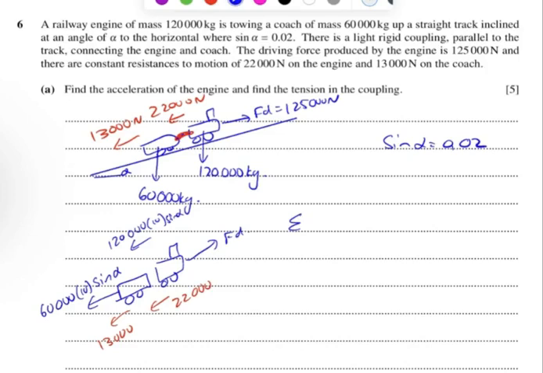So the sum of my forces is mass times acceleration. Because I'm looking at the total system, I've got to look at the total mass. My sine alpha is 0.02.